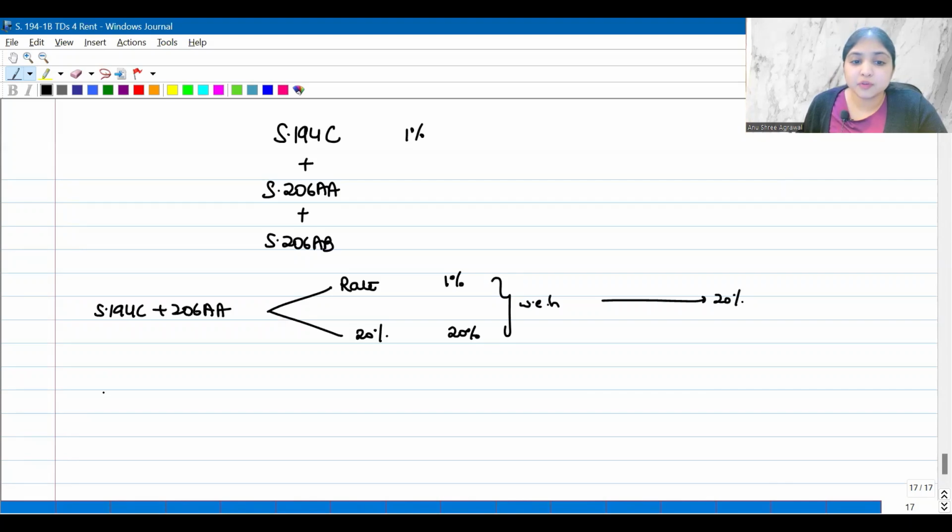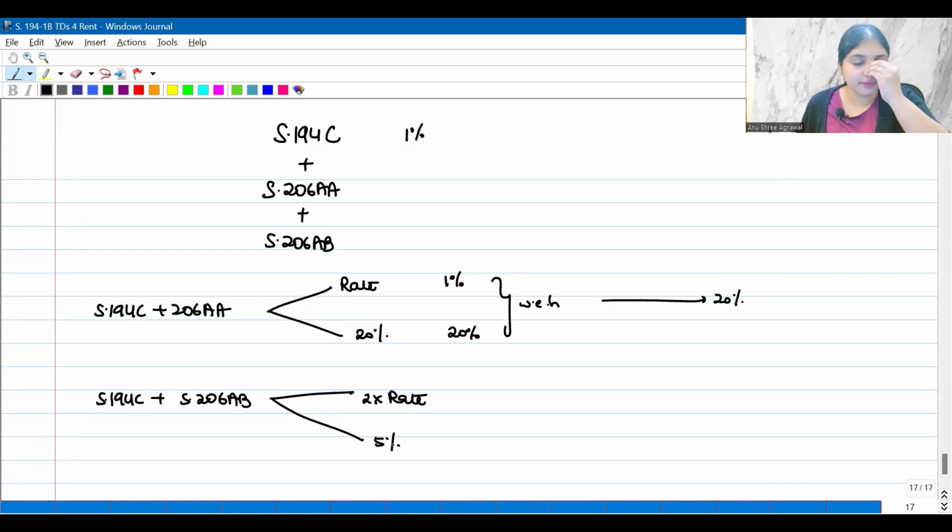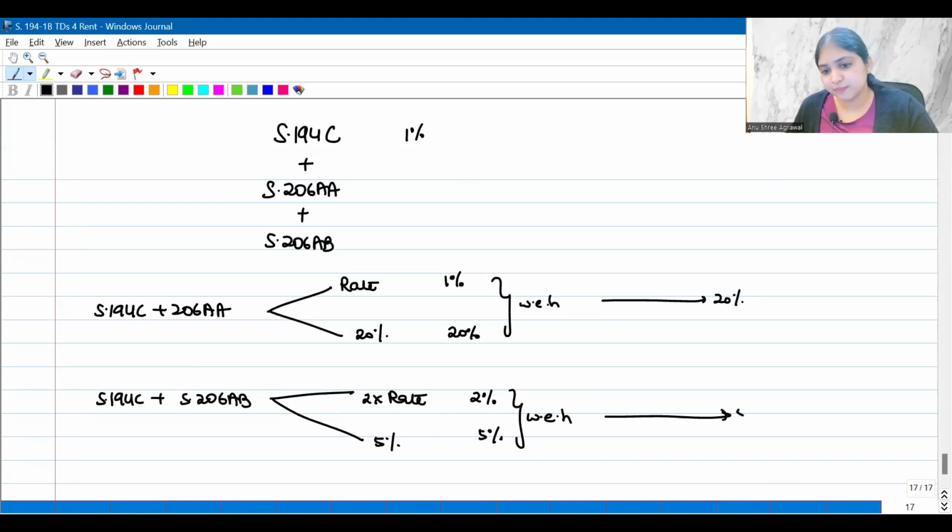Okay. Then if you apply 194C and 206AB, 206AB plus 194C, what does 206AB say? We'll take 2 times the applicable rate or 5%, whichever is higher. So 2 times 1% will be 2% or 5%, whichever is higher. So which is higher here? 5%. Now out of these two rates, you take whichever is the higher rate.